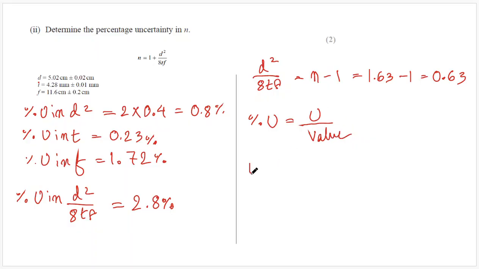So uncertainty in d squared by 8tf would be equal to percentage uncertainty times value, as in 2.8% times the value, 0.63, and this gives you 0.63 times 2.8%. The value is 0.018.